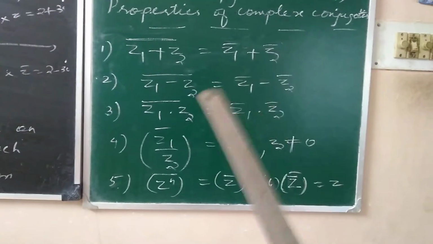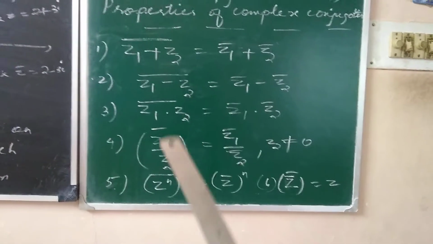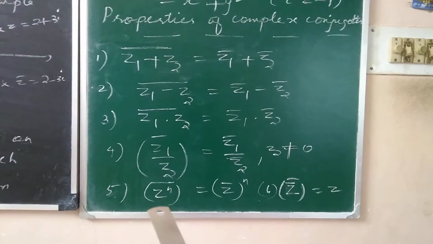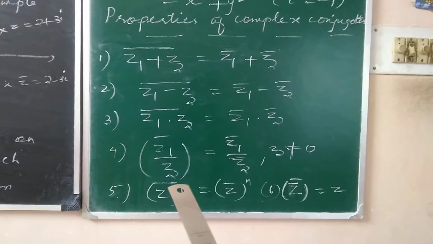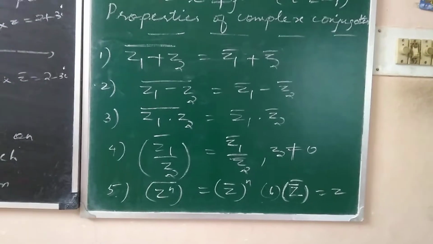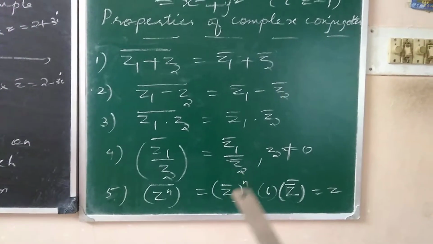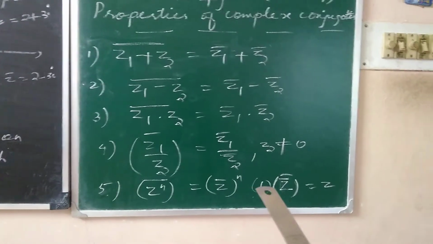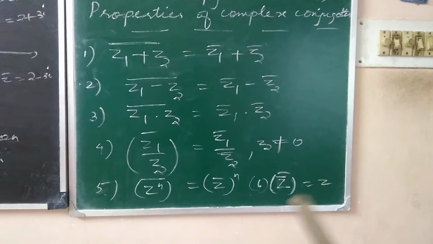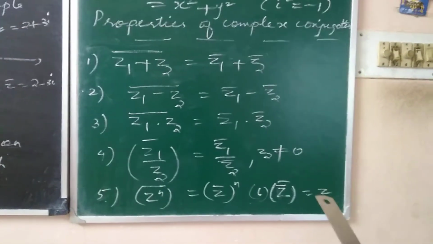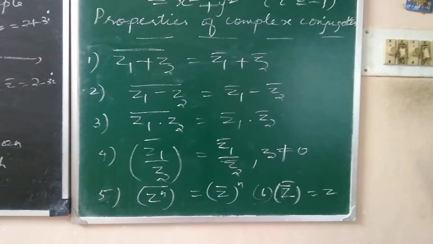So in all other cases there is no condition, but for quotient alone there will be a condition. Then suppose you have to raise a complex number to power n, then take the complex number. You can always take first the conjugate and then take power n. z bar, the whole bar is z. If you take a conjugate once, again take the conjugate, the answer will be the original number.